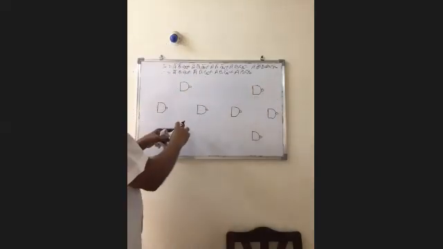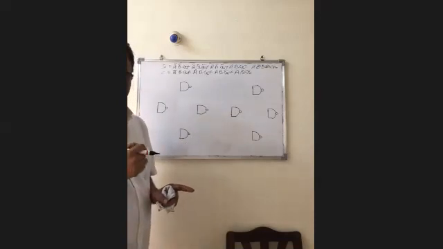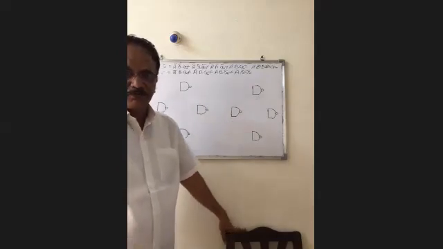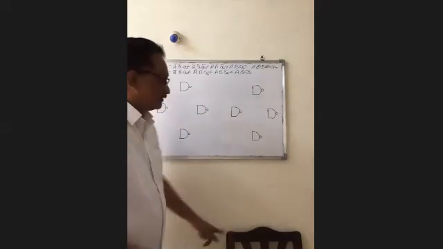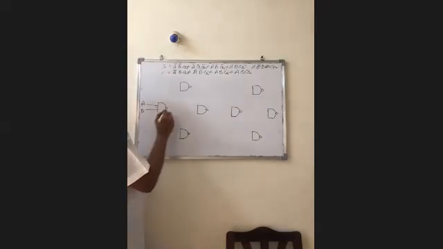These 4 NAND gates realize the second 2-input exclusive OR gate. First, realize the 2-input exclusive OR gate by using these 4 NAND gates. Let us assume this is the A input and this is the B input.